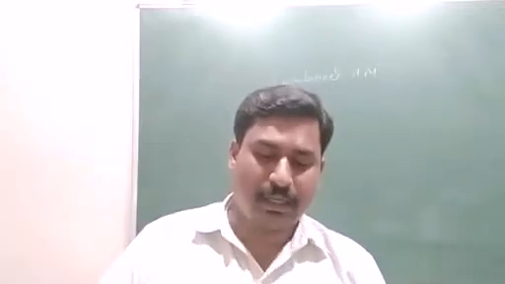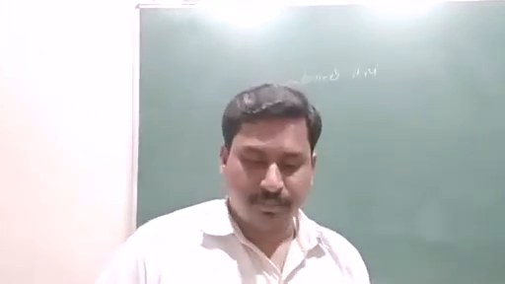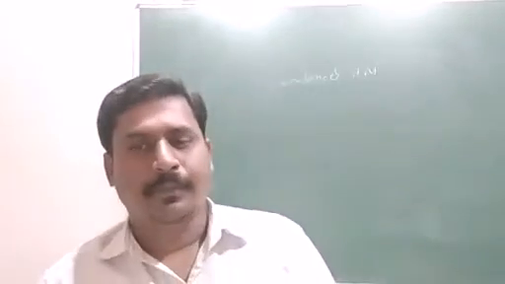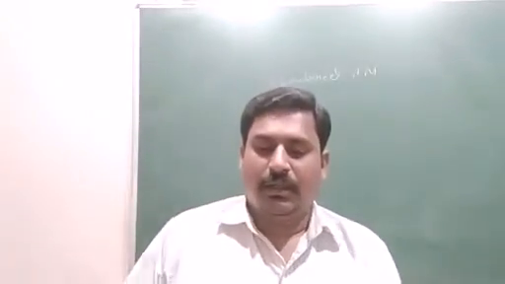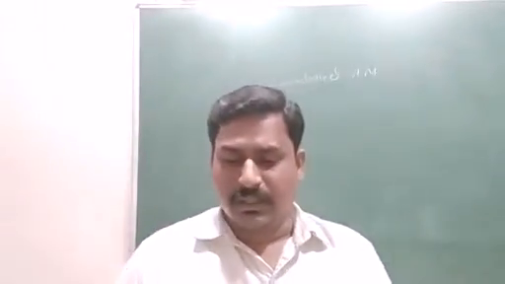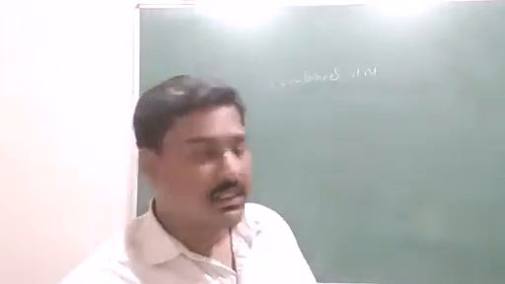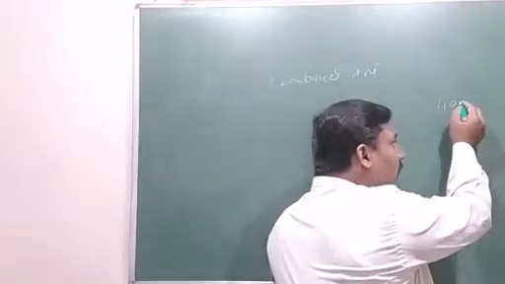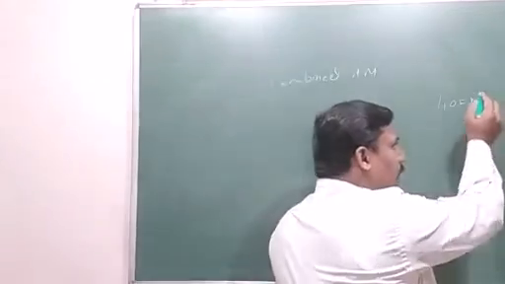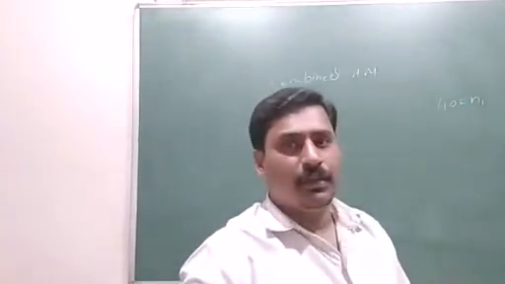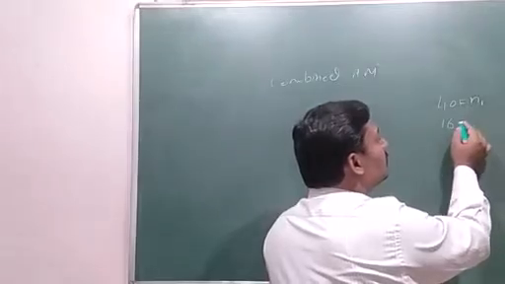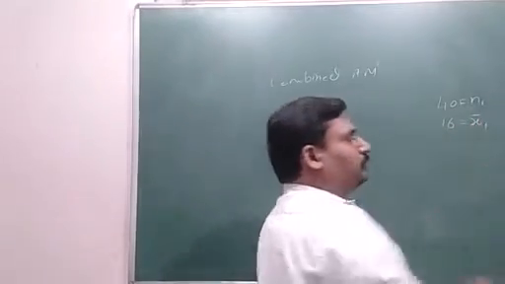So in a certain educational institution, they have made 2 groups, maybe first year and second year. In the first year there are 40 students, we name it n1, the first group, and their arithmetic mean is 16 years, x bar 1.